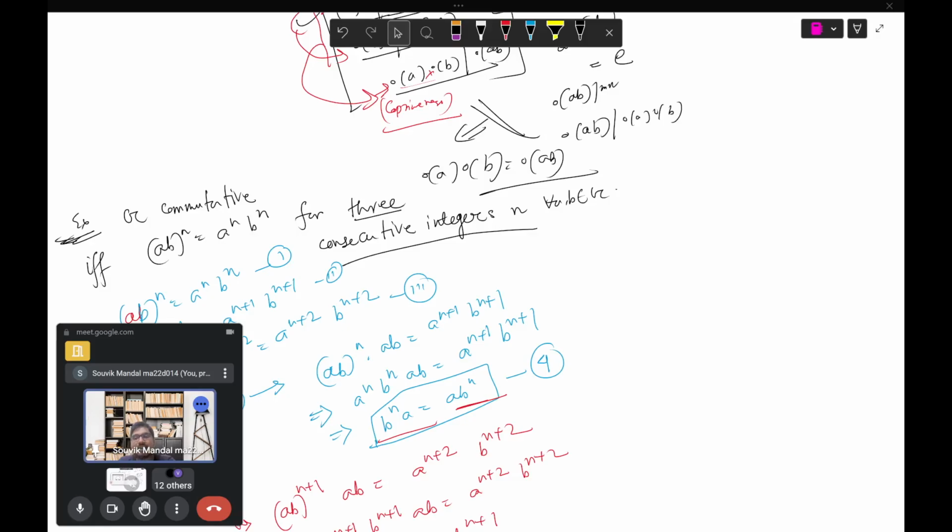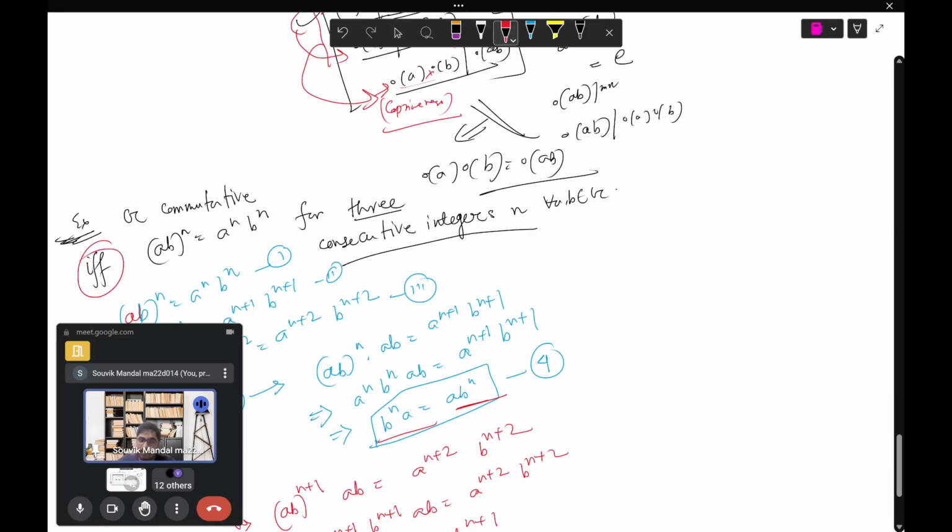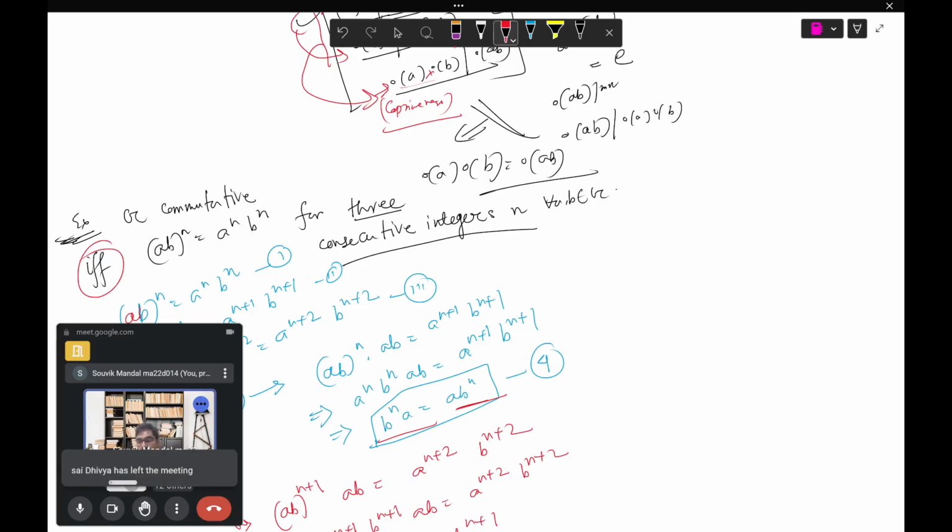Observe that it is an if and only if statement. When we say G is commutative, then we need to show that (ab) to the power n is equal to a to the power n times b to the power n.